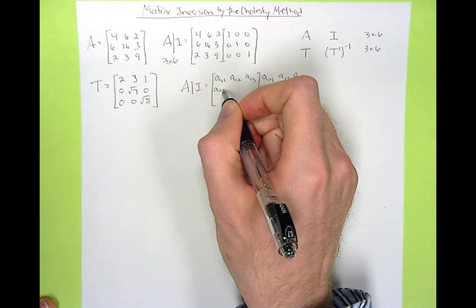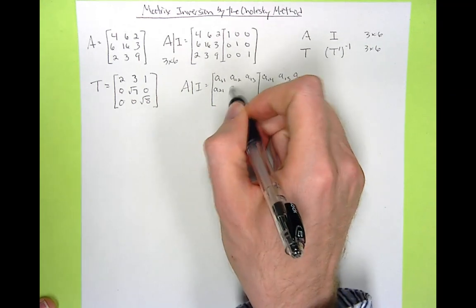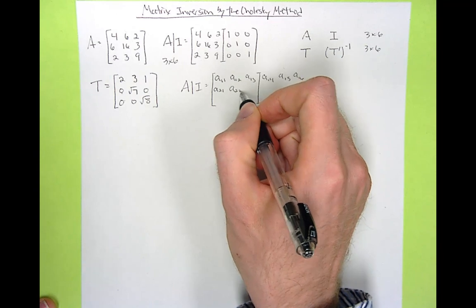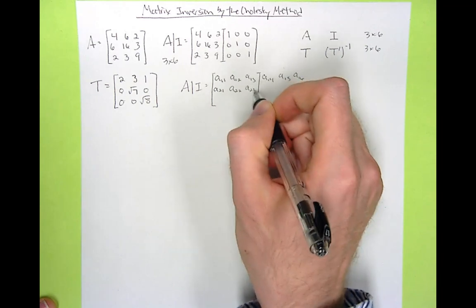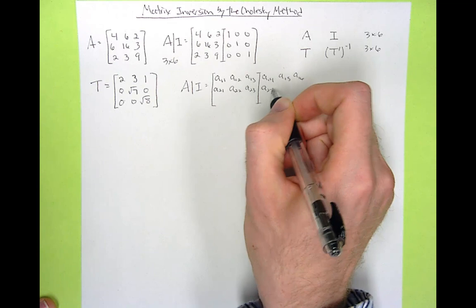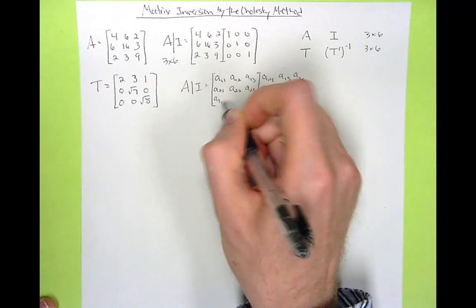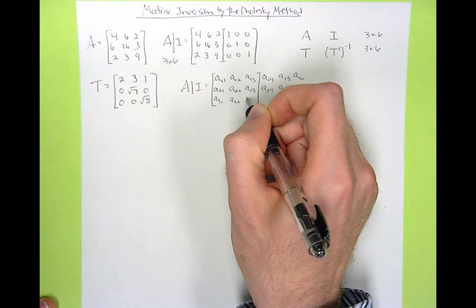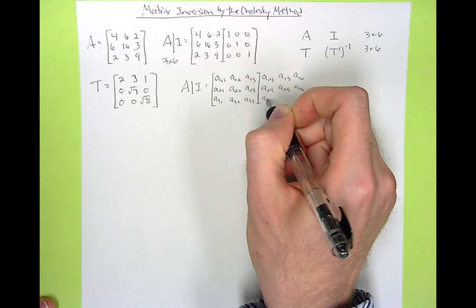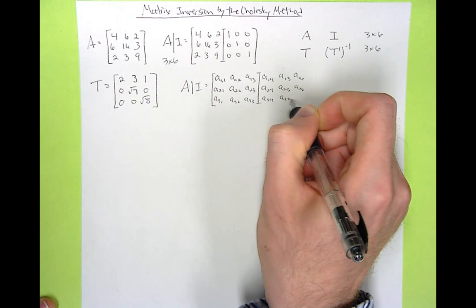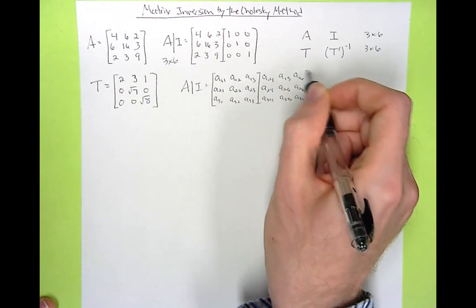Second row, first column, second row, second column, A23, A24, A25, A26, A31, A32, A33, A34, A35, and A36.